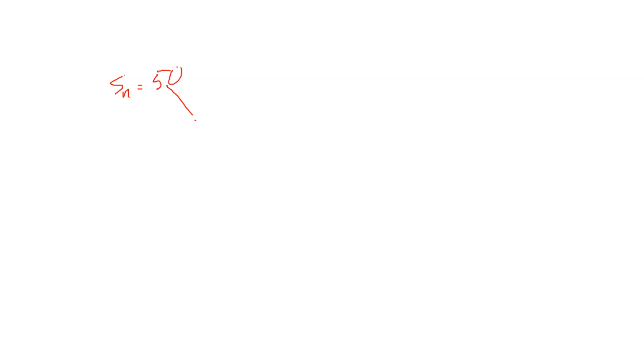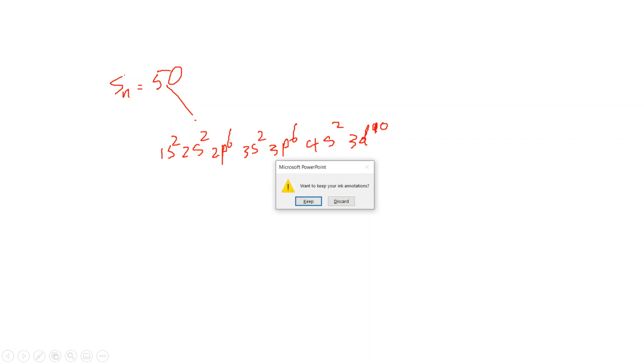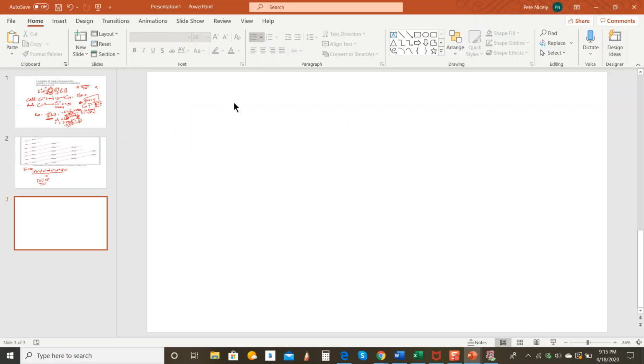All right. So it's 1s2, 2s2, 2p6, 3s2, 3p6, 4s2, 3d10. So that's 40. Okay, now I need to recall, I'm sorry. I made a big mistake.